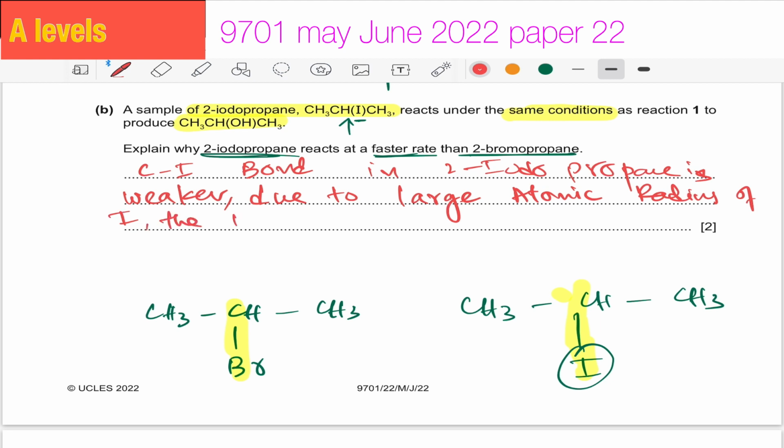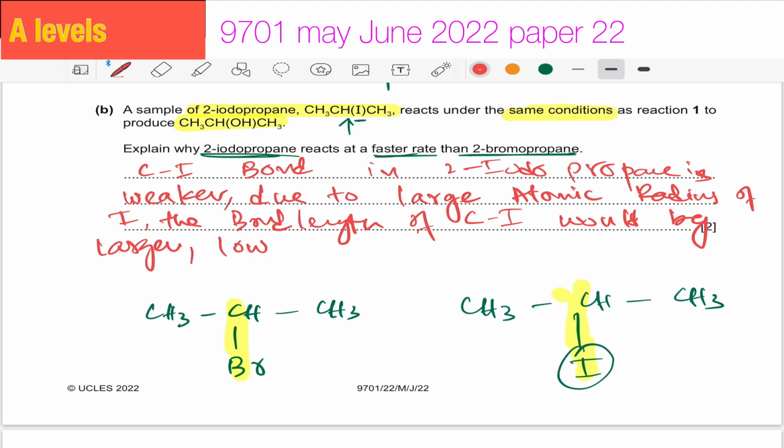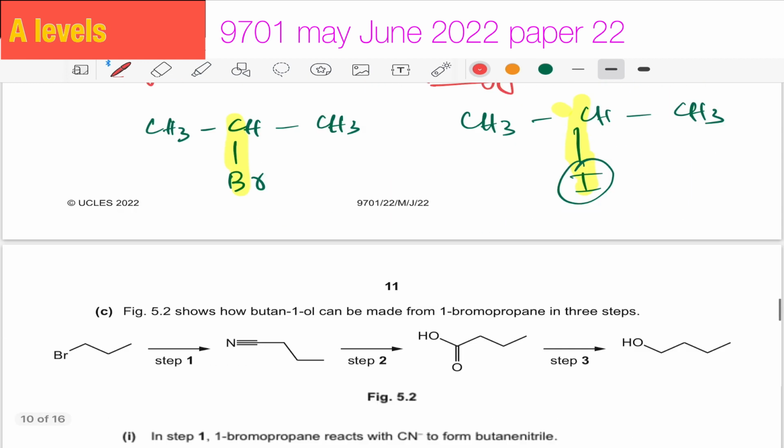The bond length of C-I would be larger, right? So it would have a larger bond length, so it would be easier to break. So it requires low activation energy. A smaller amount of energy would be required to initiate the reaction in the case of 2-iodopropane, right?